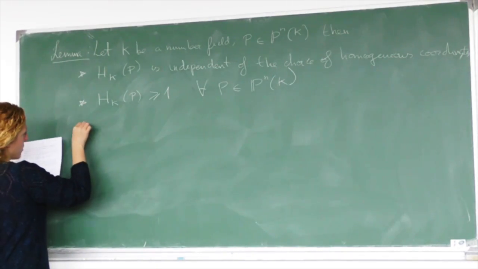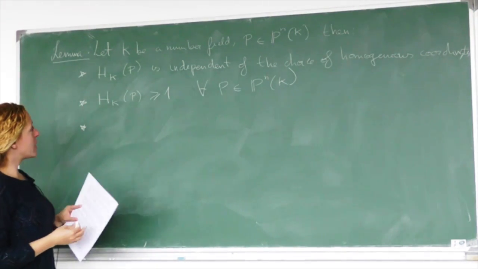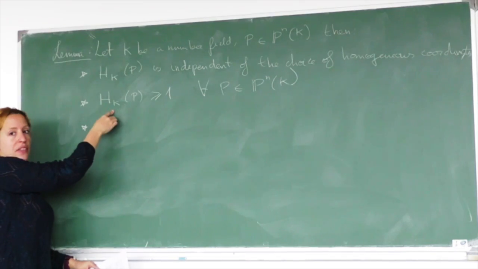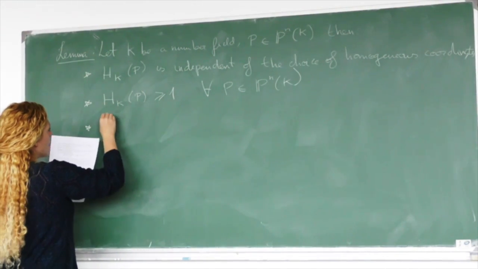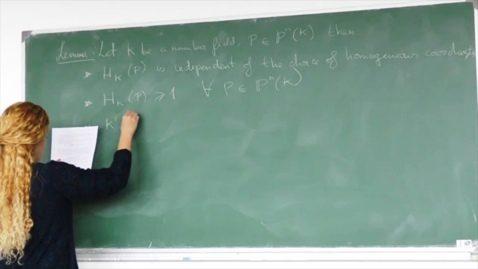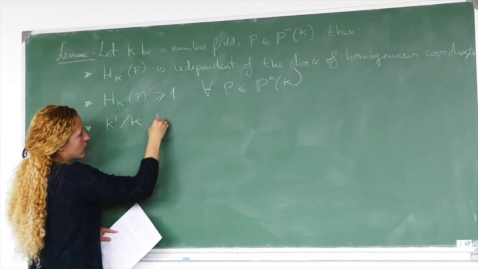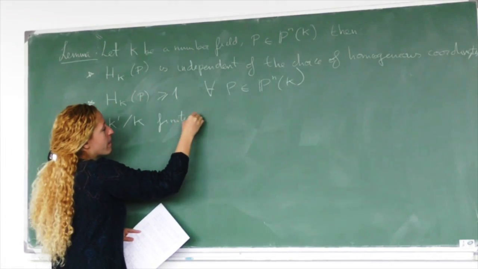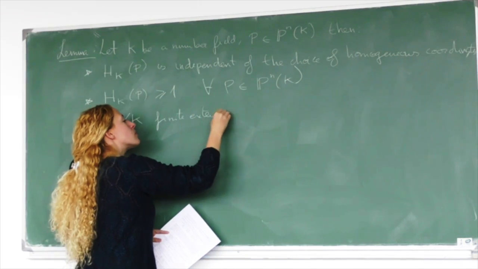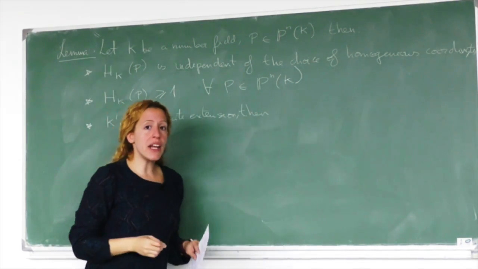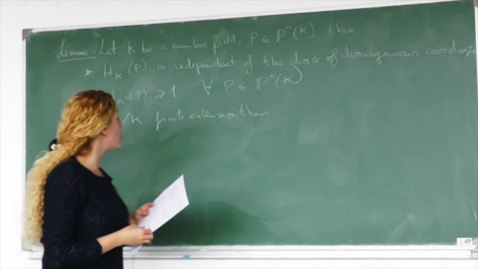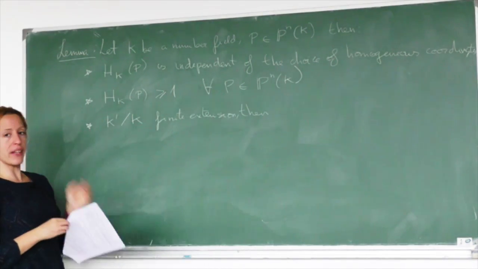And the third condition, and this is what is going to measure the dependency on the field: if K prime is a finite extension of K, then there is a relation between the height of the point P over K and over K prime.